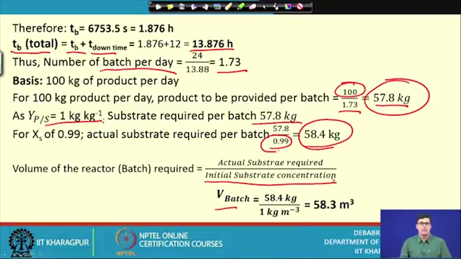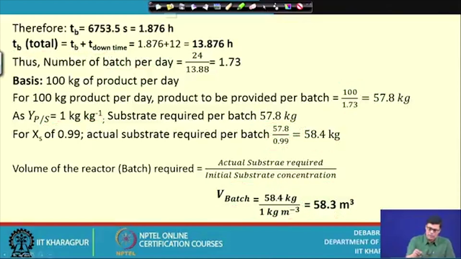That will be the solubility of the substrate. The solubility of the substrate in water is about 1 kg per cubic meter. So I can assume the initial substrate concentration is 1 kg per cubic meter. If you divide by this, you will get the volume of the batch process. This is how you can easily find out the volume of the batch process.